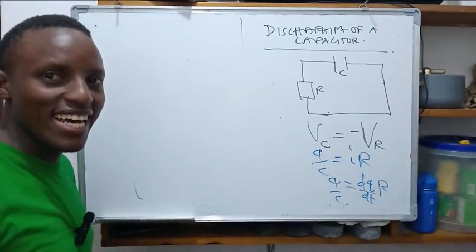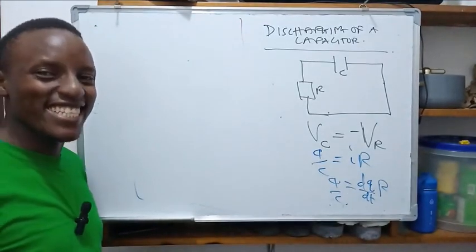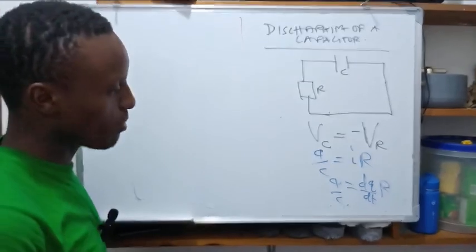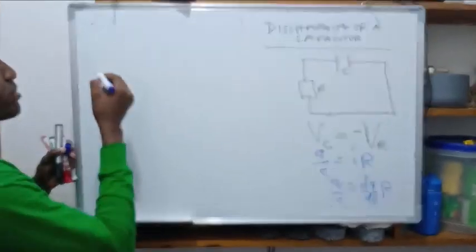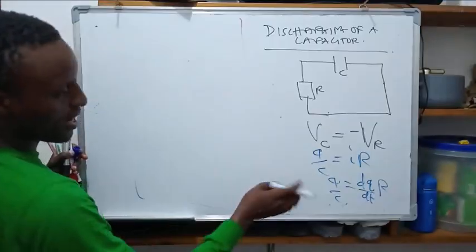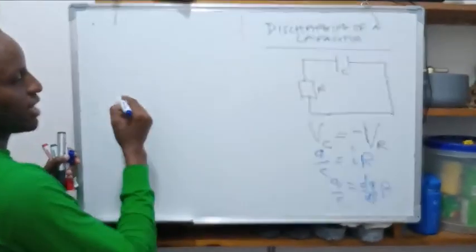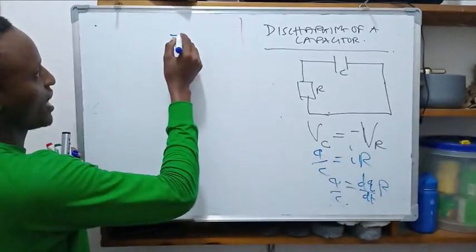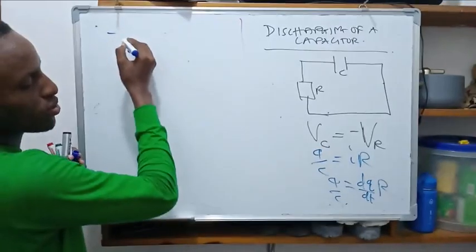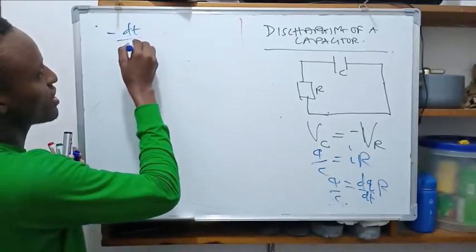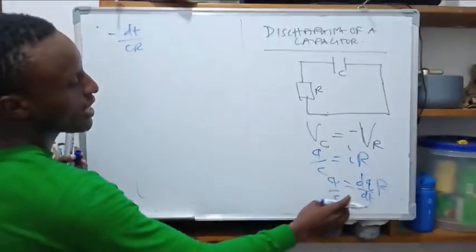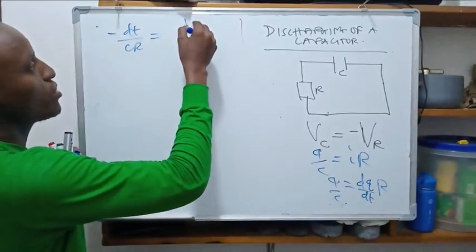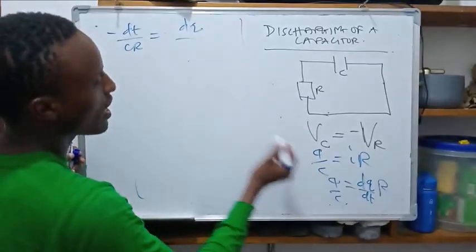Physics is so sweet, guys. So let's talk about this. I can write the right terms, and this CR and this time becomes negative dt over CR, equal to dq over q.